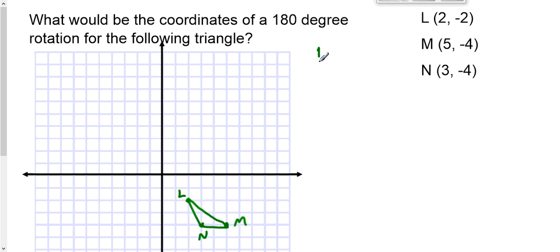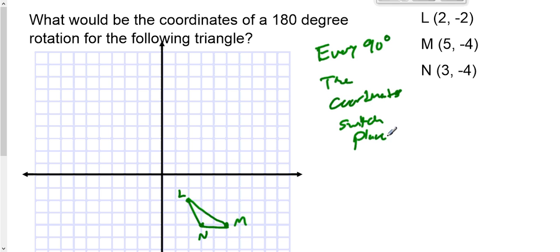Well, from what we remember in class, every 90 degrees, the coordinates switch places.